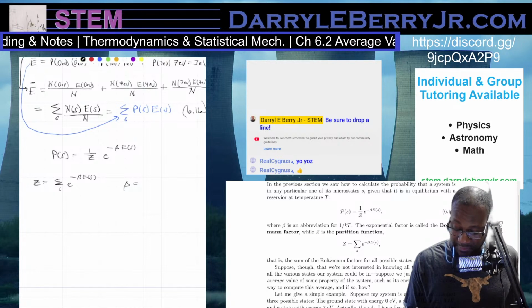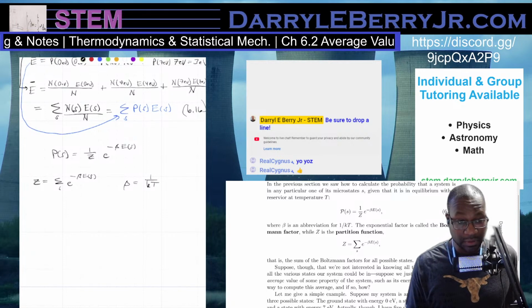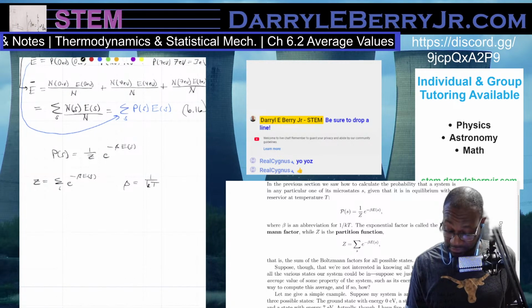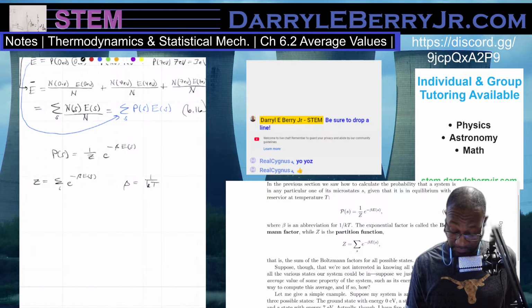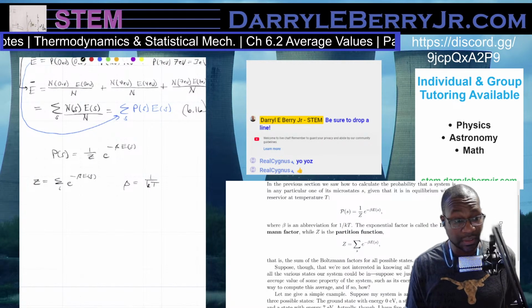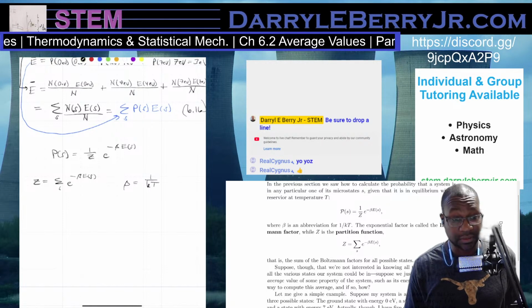And beta is going to be 1 over the Boltzmann constant times the temperature. I believe I have that right. 1 over Z times e to the negative beta E_s, Z is the sum over s, and beta is 1 over kT. All right.